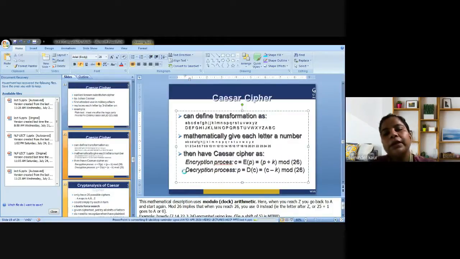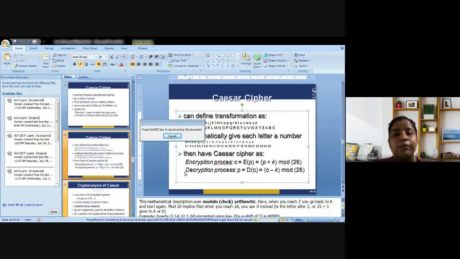So what is there inside the decryption process? Have a look at the same. We are supposed to deal with the plain text here. Plain text is equal to the decryption of the ciphertext, which is equal to ciphertext minus key, modulo 26.